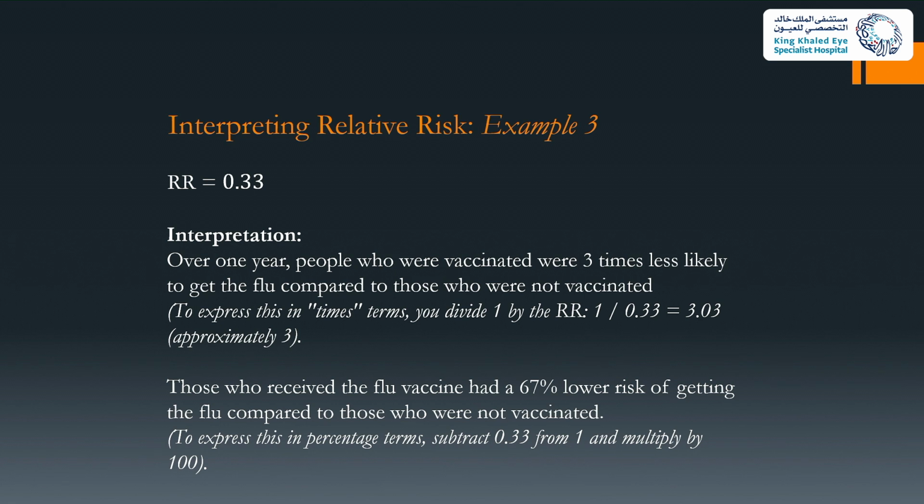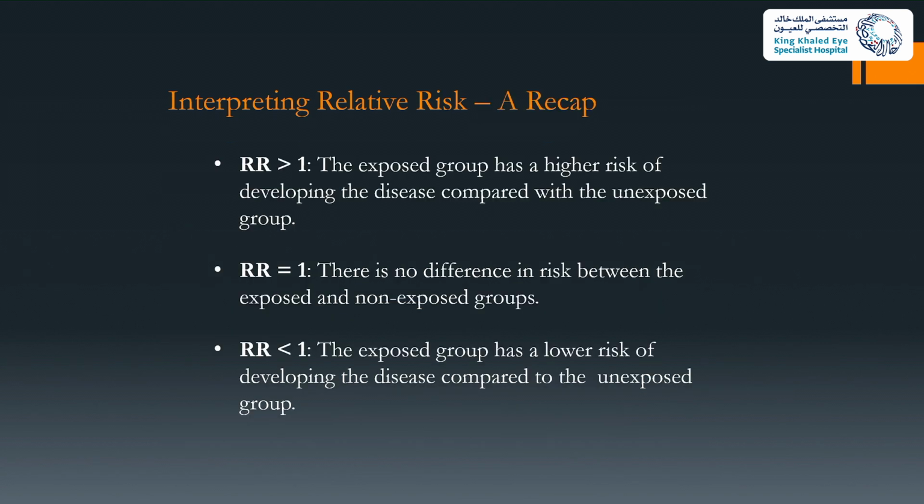What does the relative risk show? 0.33. It shows that the vaccine is working. It is protecting. So those who are vaccinated are 3 times less likely to have flu compared with those who are unvaccinated over 1 year. This 'over 1 year' is important.